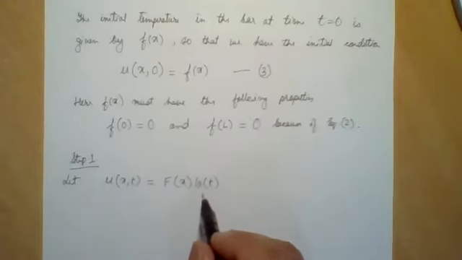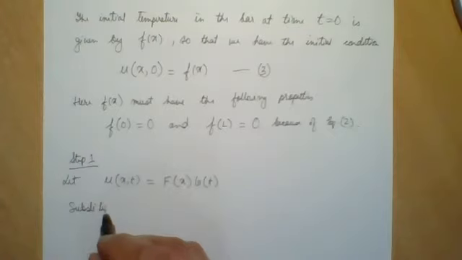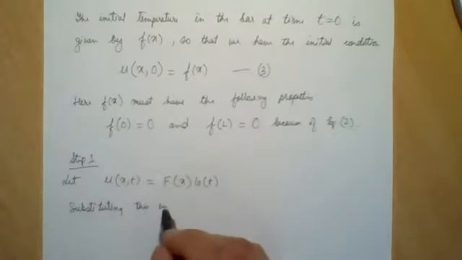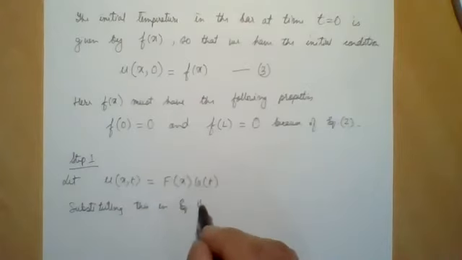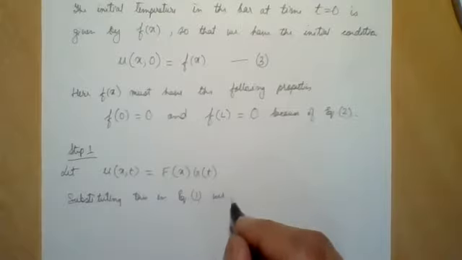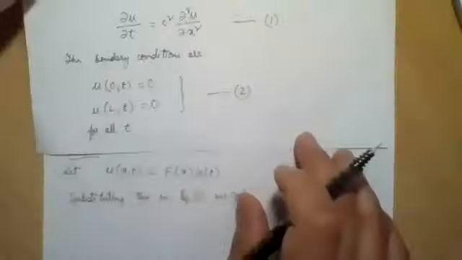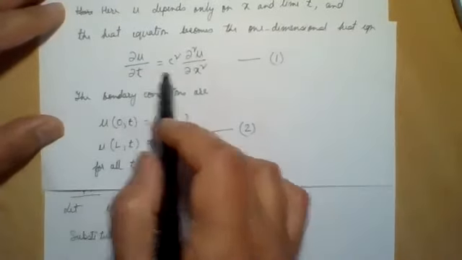Now let us substitute this in equation number 1. What is equation number one? Equation number one is the heat equation. So let me show you the heat equation again. So here is the heat equation.